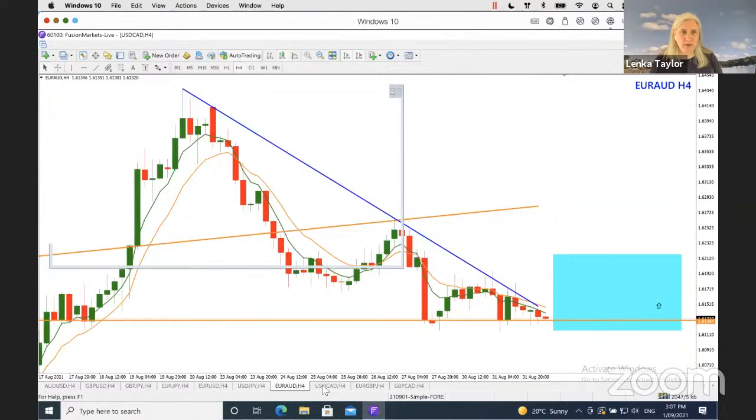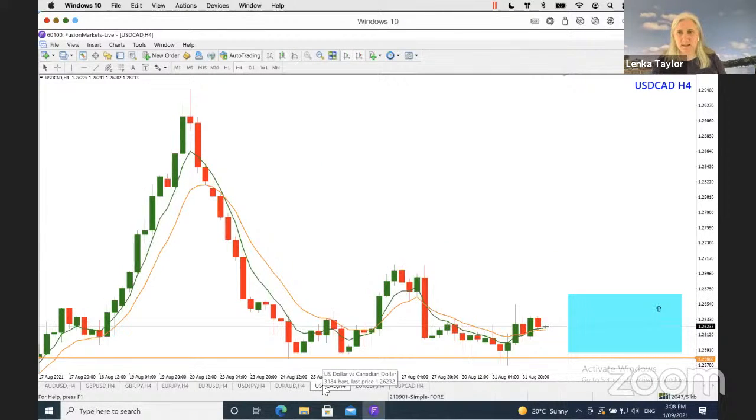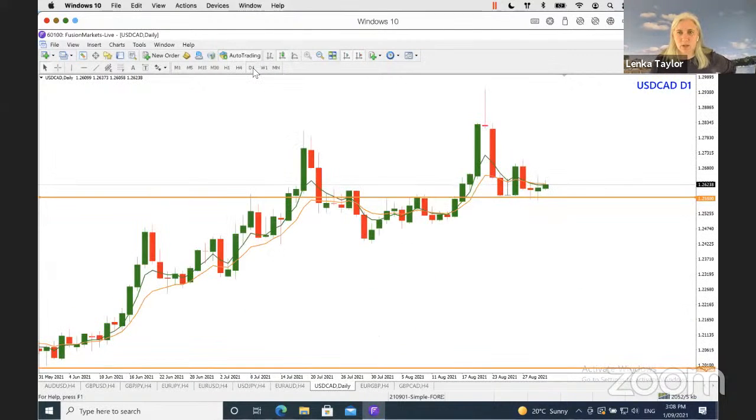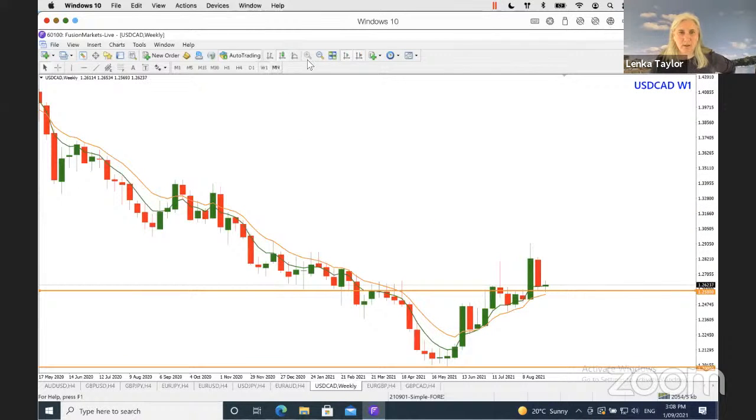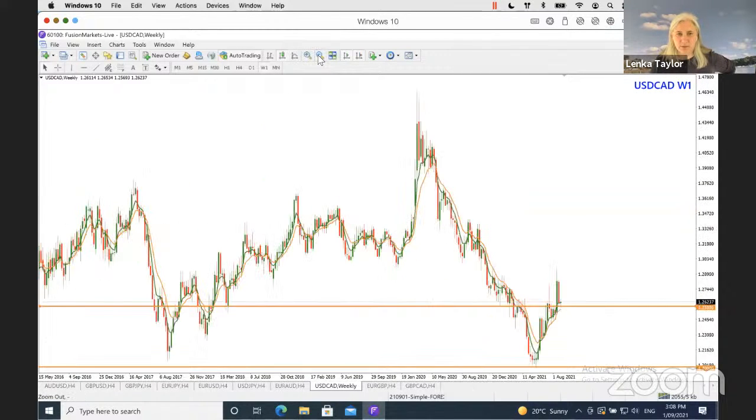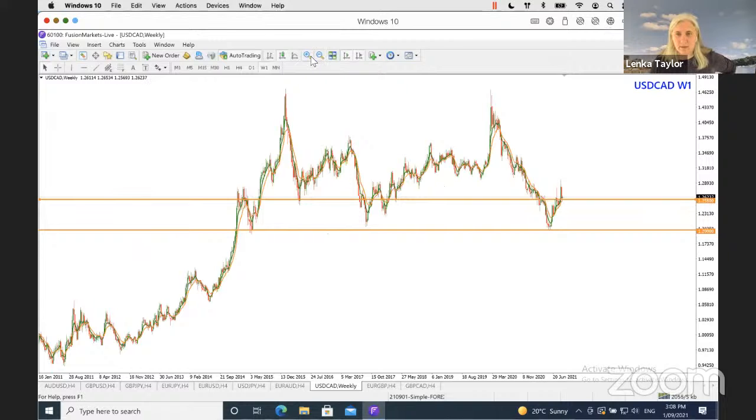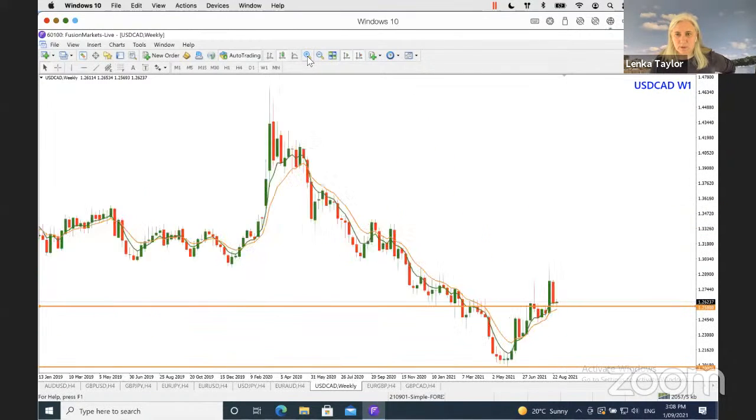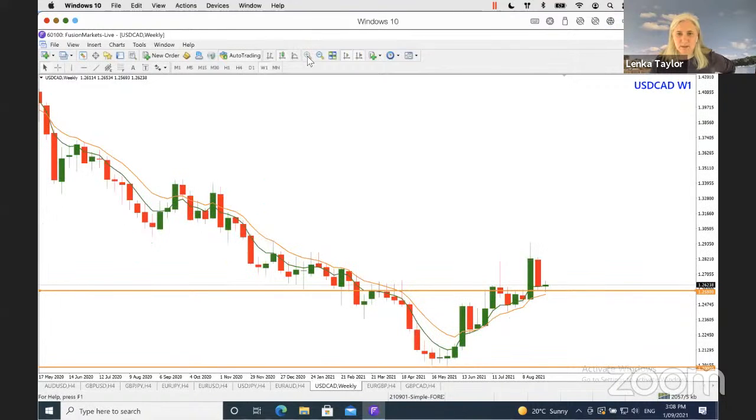Next currency pair I'm going to have a look at is USDCAD. I'm looking for a long. On the daily, we're just above what was the resistance.